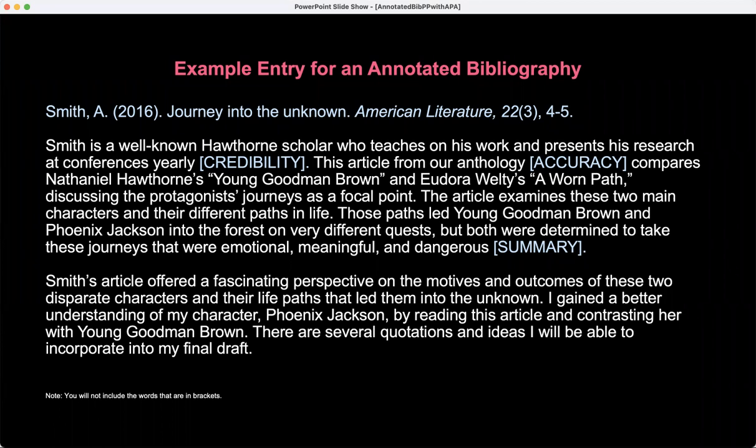Notice the use of I. You can certainly use I in these, and again, it is nothing terribly long. It just includes the three things that I want you to include: the citation, the complete full citation, not just a URL, the summary, including credibility and accuracy, and then how I'm going to use it, that second paragraph.